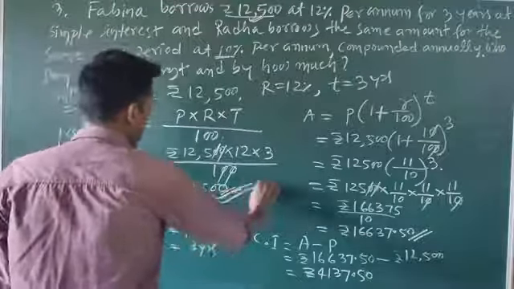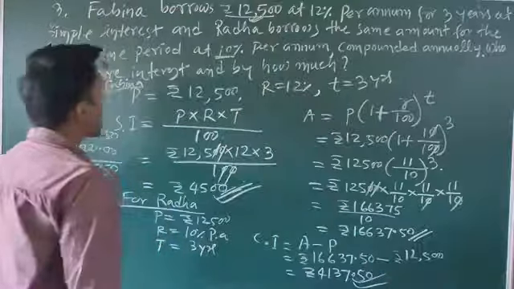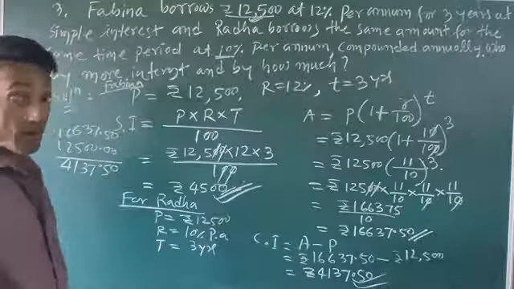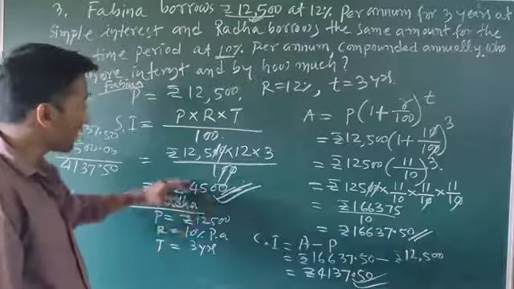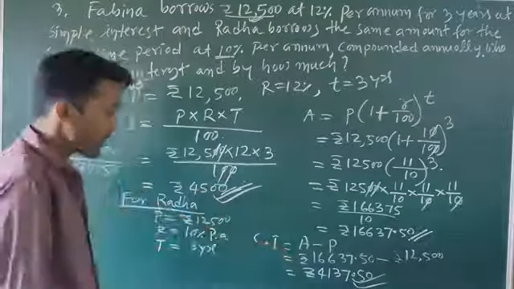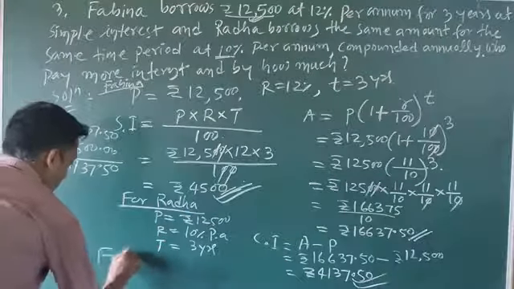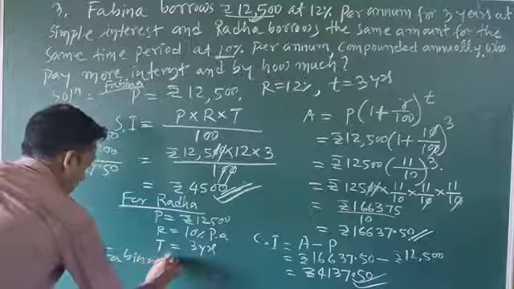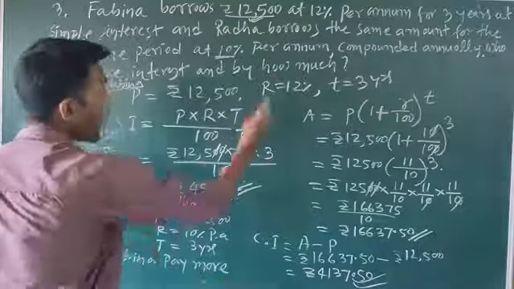Pavina pays 4,500 and Radha pays 4,137.50 rupees. So who pays more? Pavina, isn't it? This 4,500 is greater than 4,137.50. So Pavina pays more.